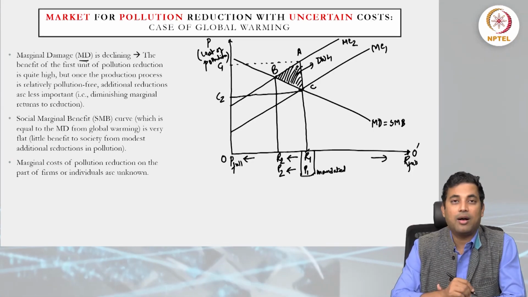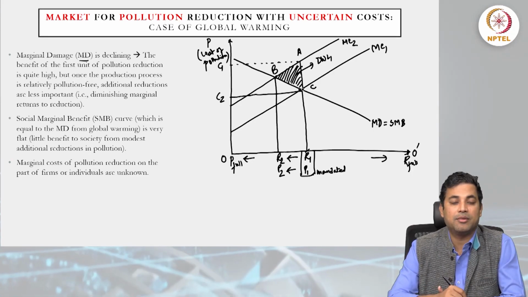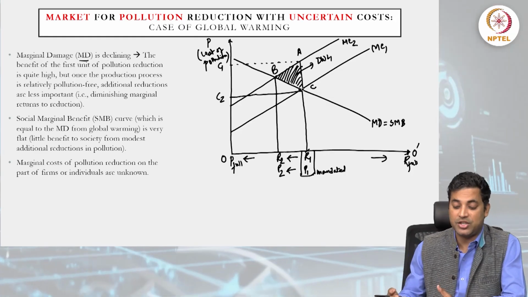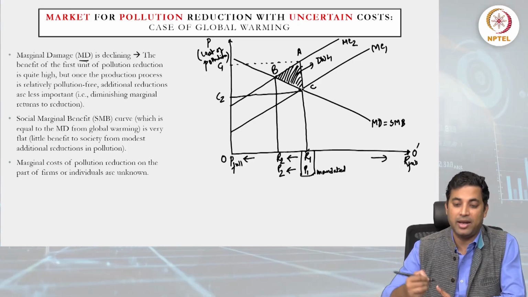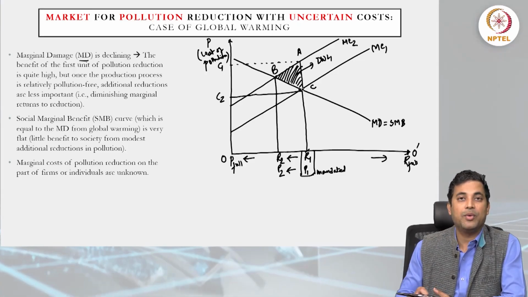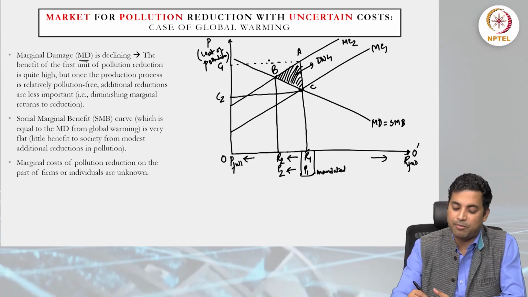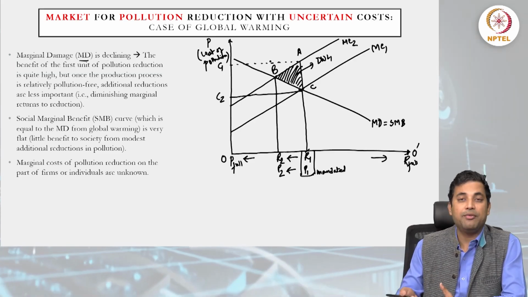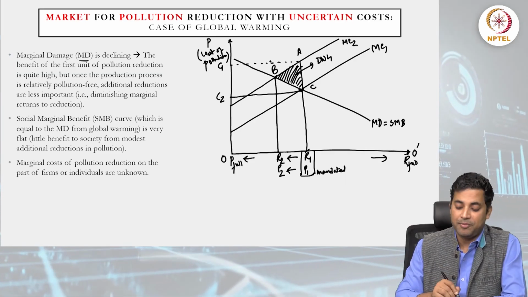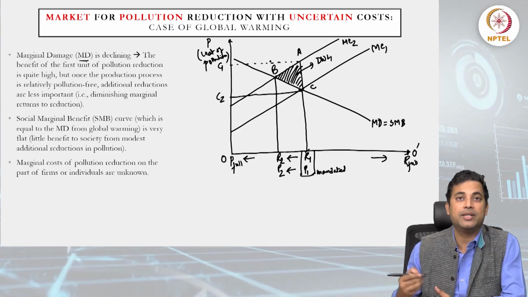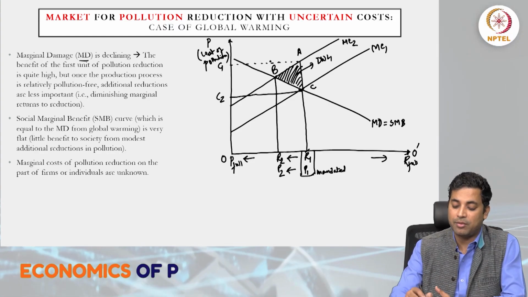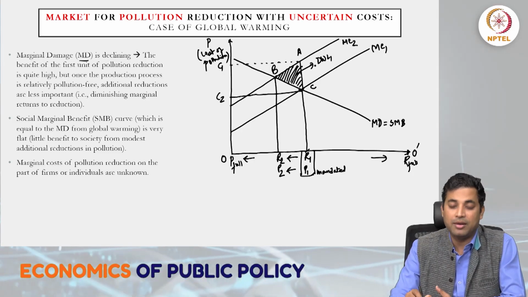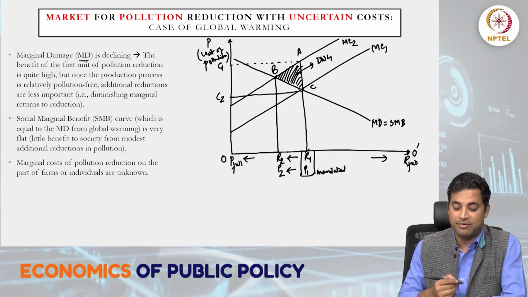At C, which is the optimum level at the initial level, as cost increased from C to A, we get a new optimum level, which is point B. If we move towards point B, we are losing social welfare, the area ABC, which is deadweight loss.